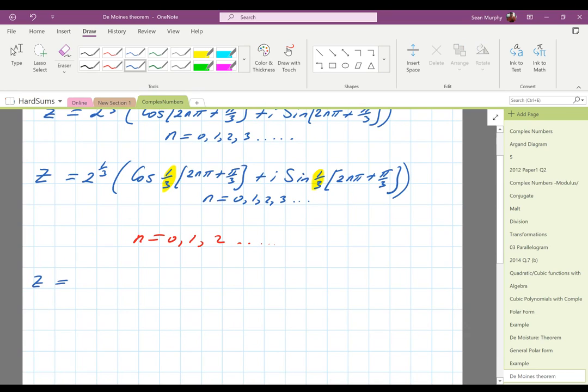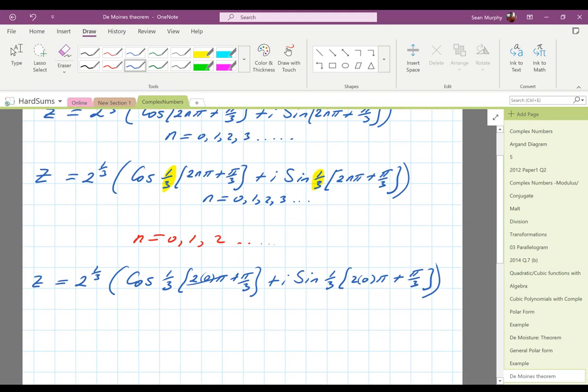So z is equal to 2 to the power of a third times cos of a third into (2 times 0 times π, this is the n here, plus π/3), plus i sin, same thing here, a third into (2 times 0 times π plus π/3).